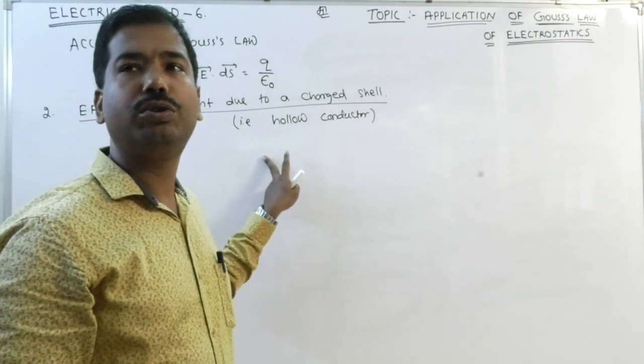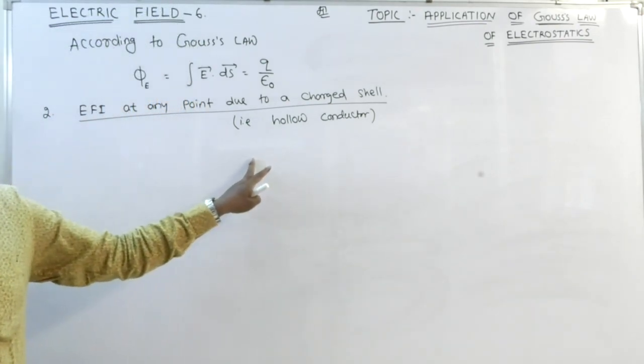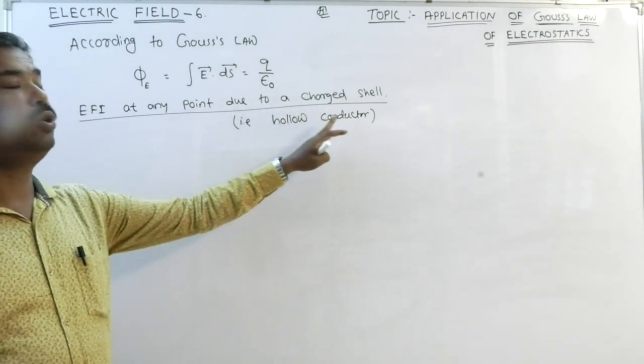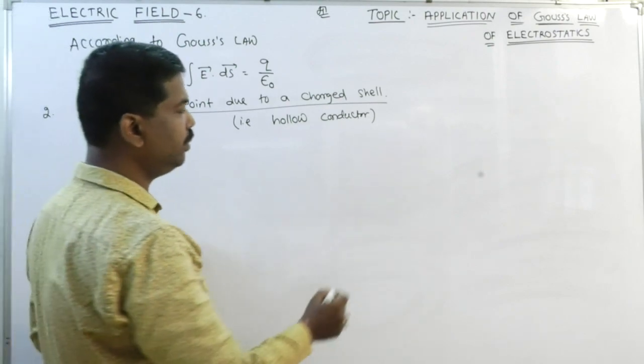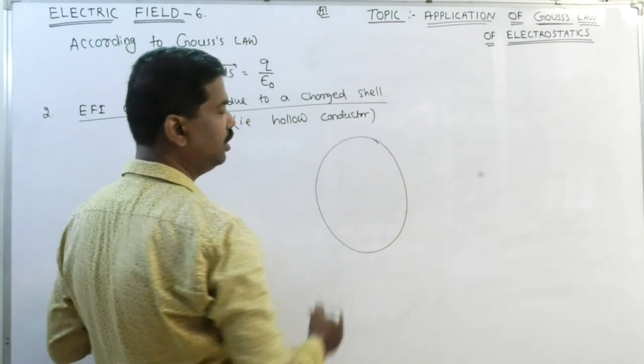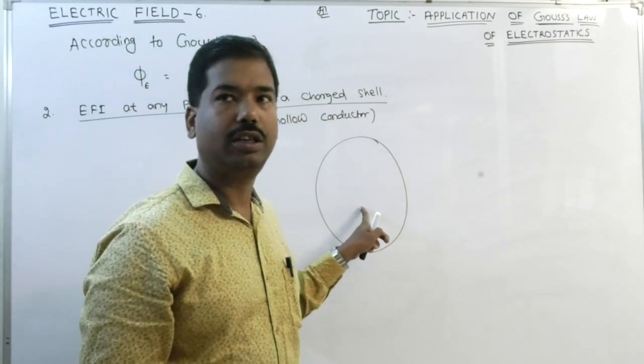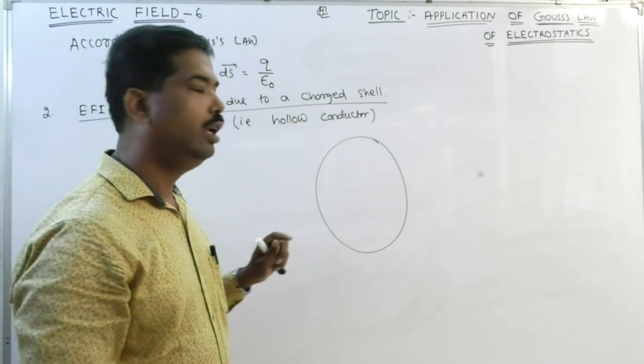This is an important long question also regularly asked in the exam. Clear? Electric intensity at any point due to a charged cell. Let us imagine I have assumed a spherical cell. Clear? Spherical cell means hollow conductor. Inside it there is nothing at all.